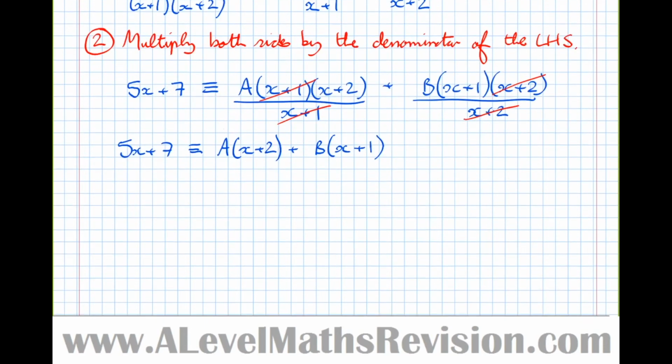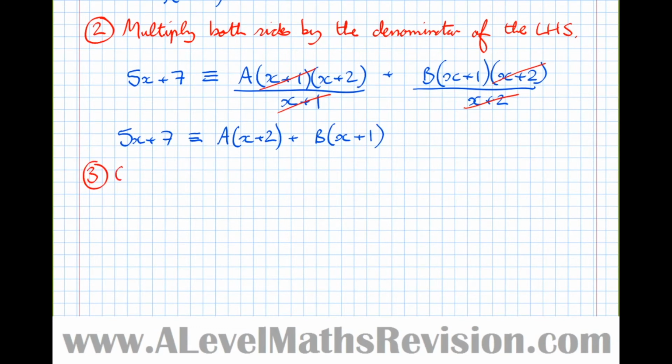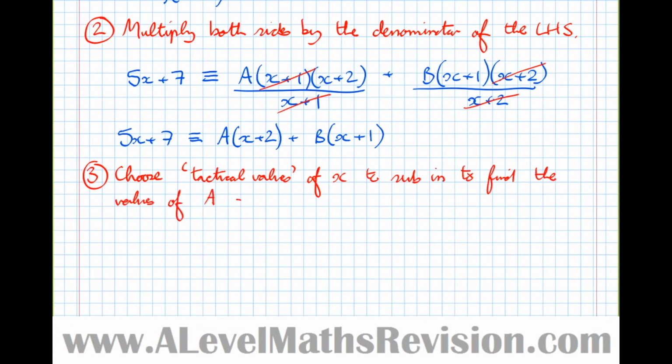Right, so step 3. Choose tactical values of x to sub in to find the values of A and B. So basically what we want to do to find what A and B are is recognise that this here is an identity. That means this works for any value of x.